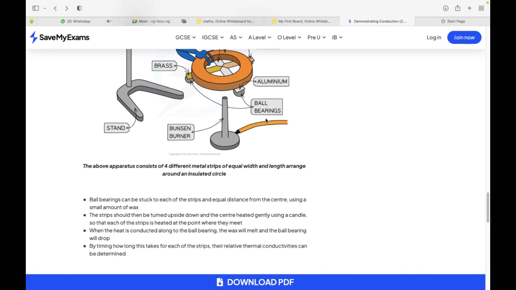So you have to use a stopwatch, or you have to time them. By timing how long this takes for each strip, their relative thermal conductivity can be determined.